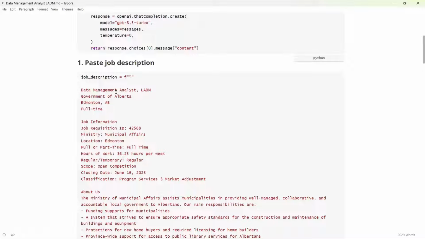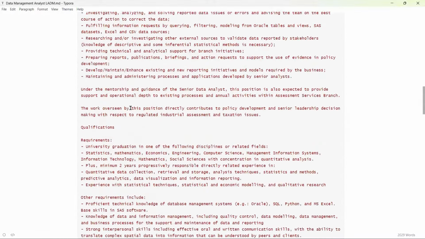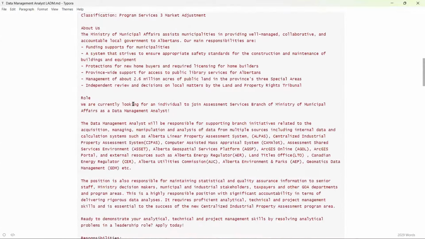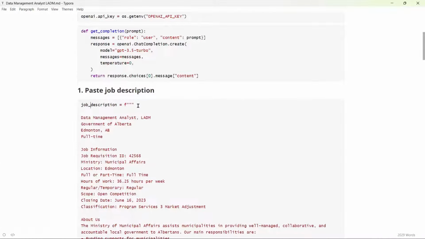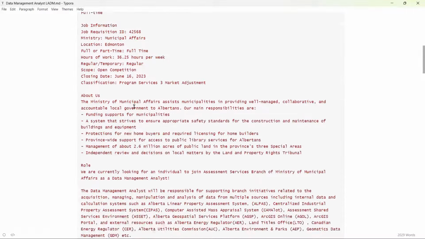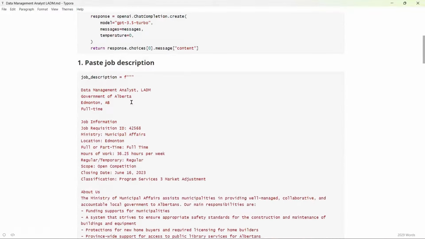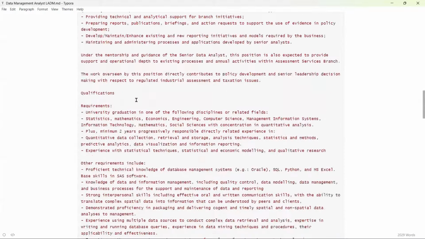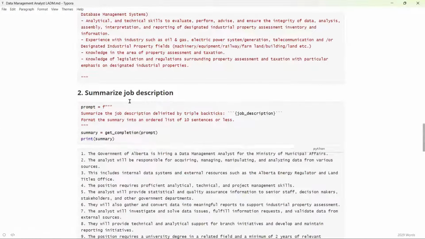After this, you can put the entire job description within this, and you separate it with triple quotes. Then go down and summarize the job description. This is prompt engineering; you need to be very specific.